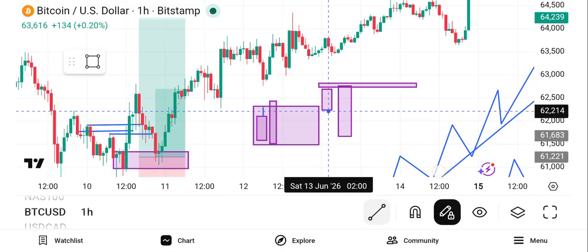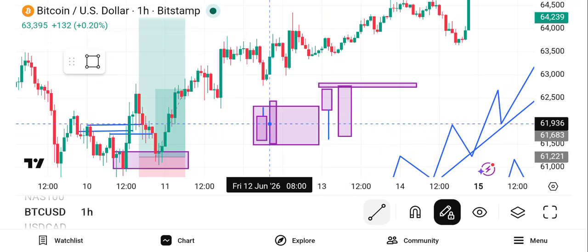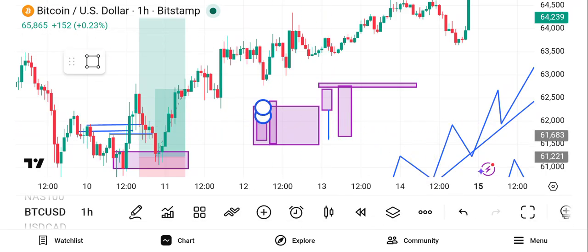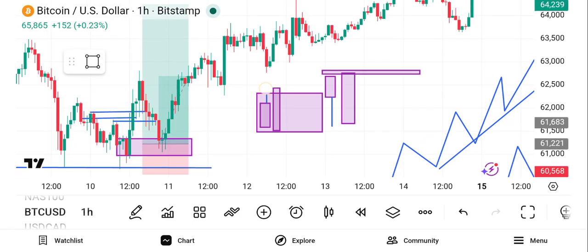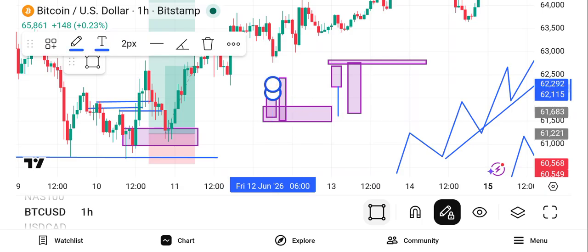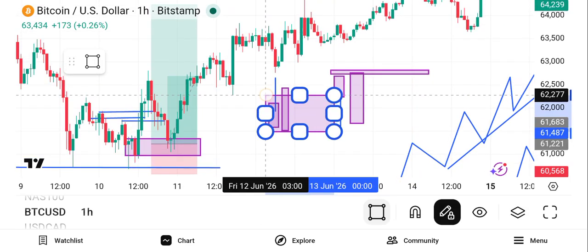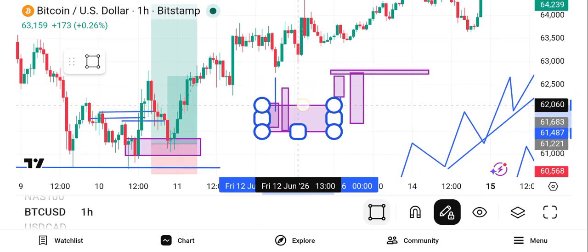In a scenario where you have a long wick, you only cover the body.